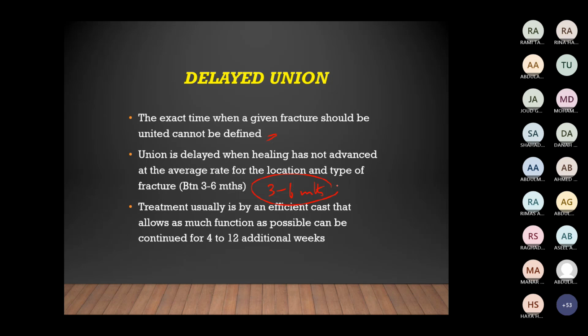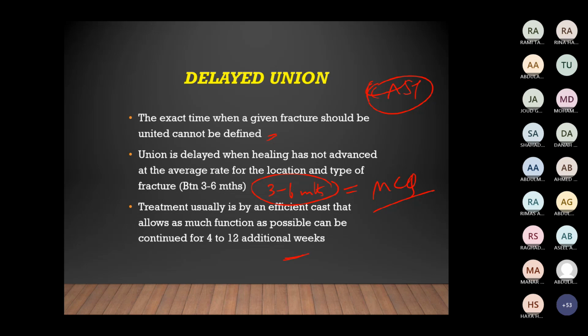Usually all the bones should be able to heal. Now this is very important to understand. Treatment is usually by an efficient cast. You put the cast, and it allows as much function as possible. It can be continued for 4 to 12 additional weeks, so an efficient cast should be there.